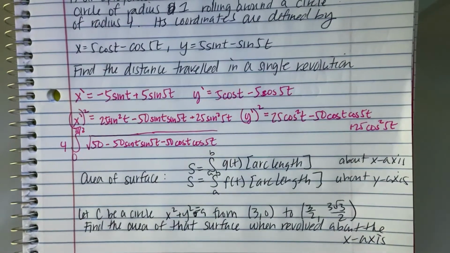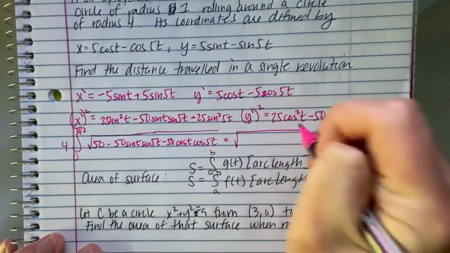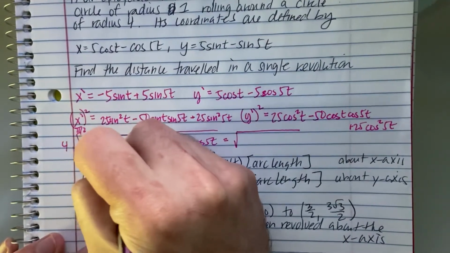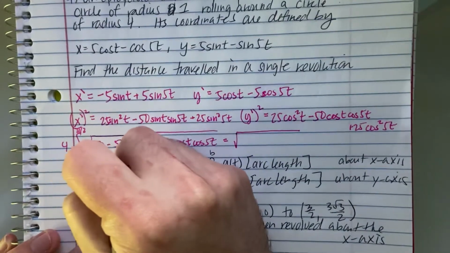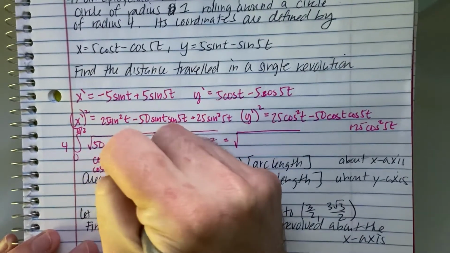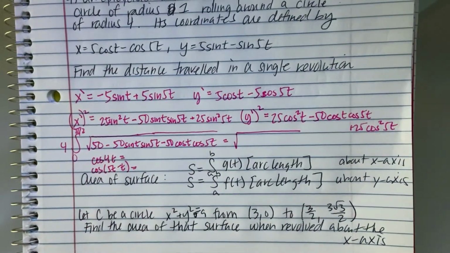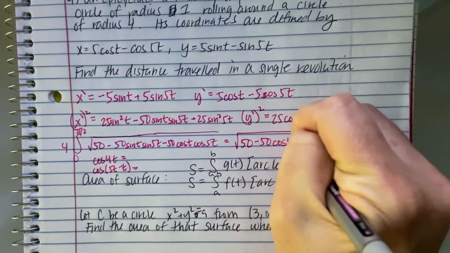Something interesting happens: if you take the cosine of 4t, that is the cosine of 5t minus t, and it breaks down into cosine 5t cosine t plus sine 5t sine t. So this entire thing is now 50 minus 50 cosine of 4t.